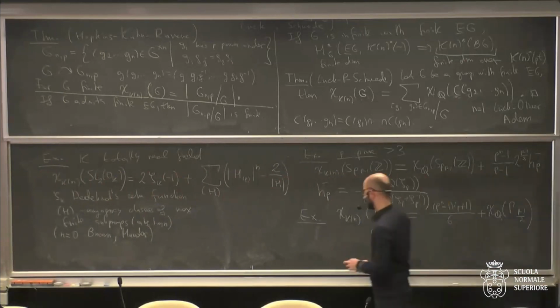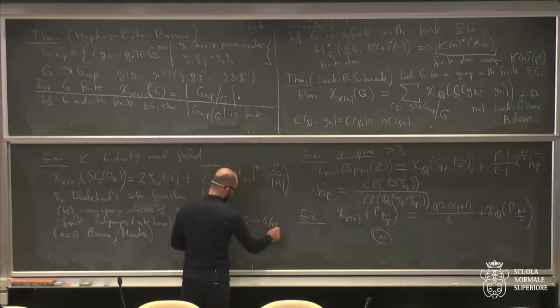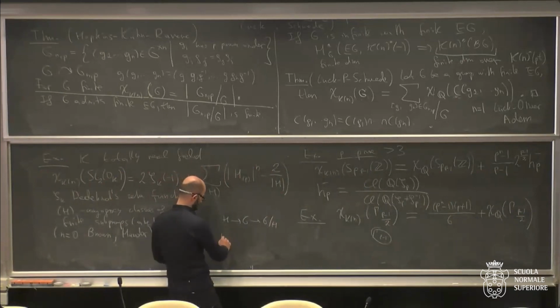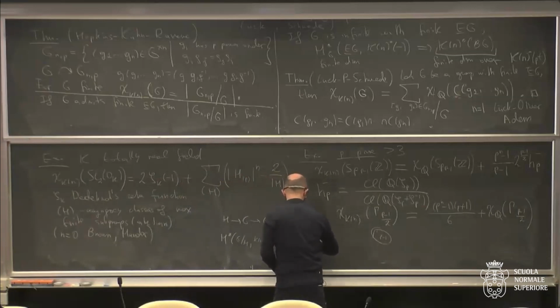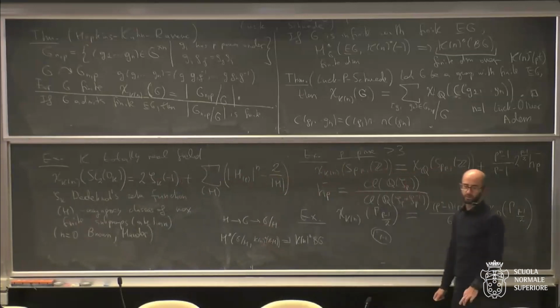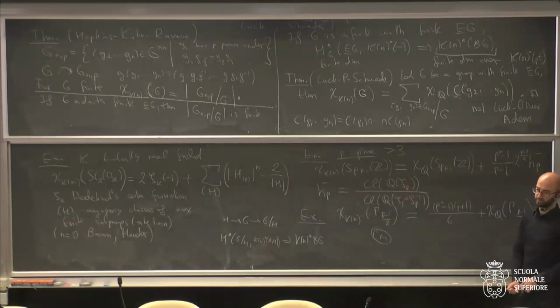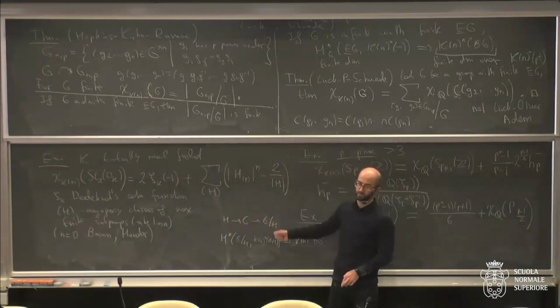If you have an extension like this, then you get the cohomology of G mod H with coefficients in the K-theory of BH converging to the K-theory of BG. So in general there is no K-theory involved in the spectral sequence, and because of this, you can't expect a relation between the K-theoretical Euler characteristics of these three. I'm not aware of any identity like that. Okay, thank you.